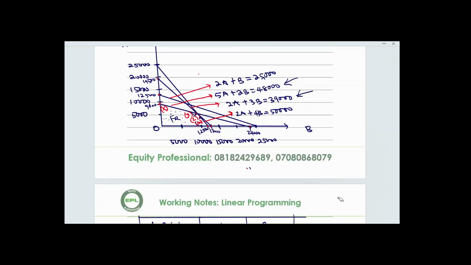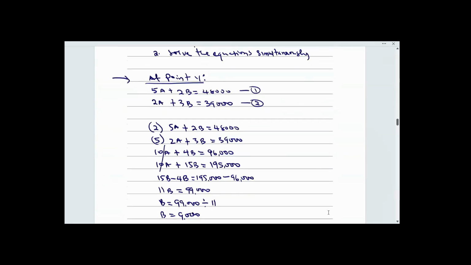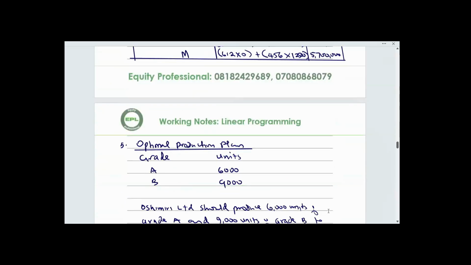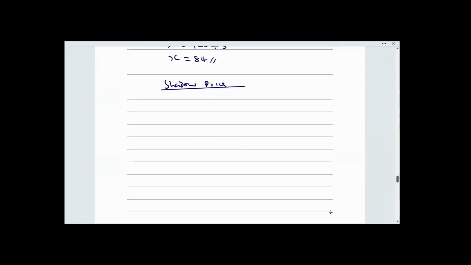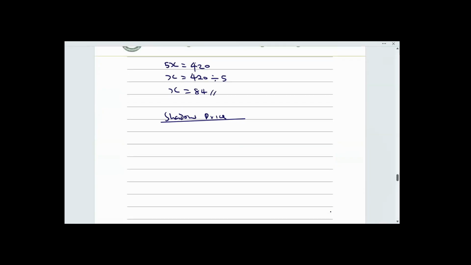So I can then say the skilled labor is 84 naira. So the constraint here is the skilled labor, which is 84, then unskilled labor, which is 96.